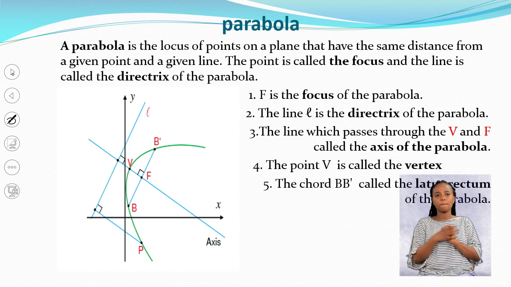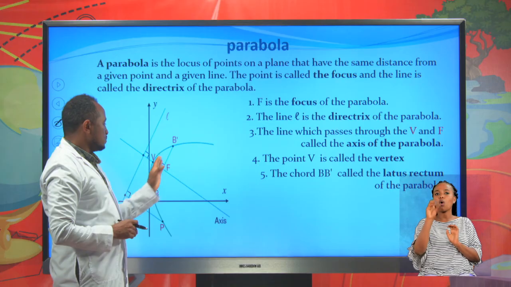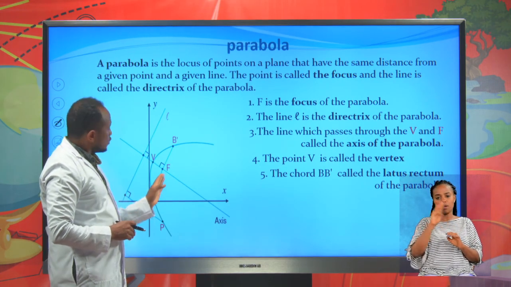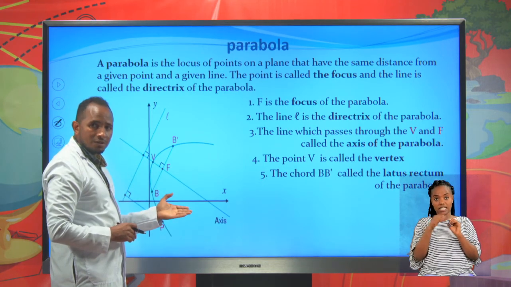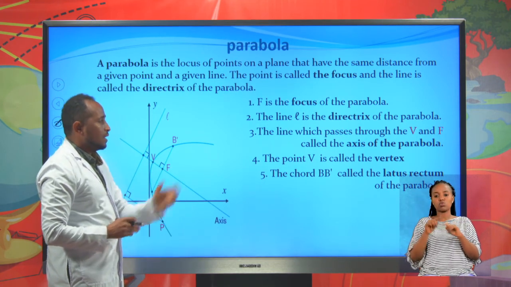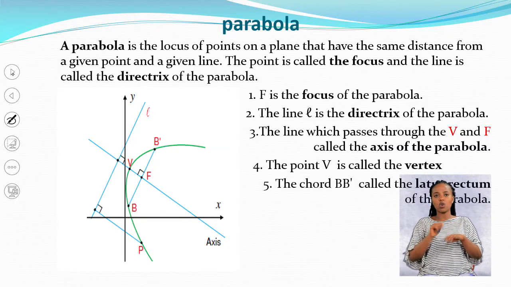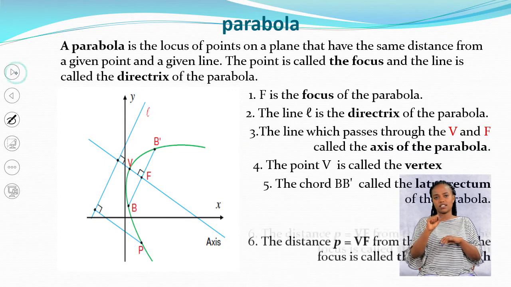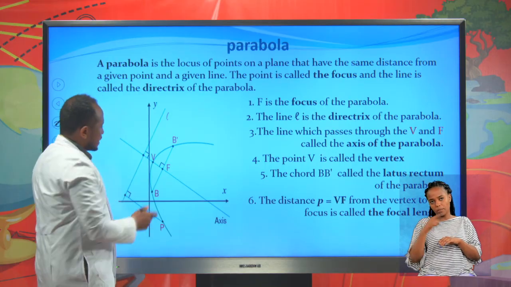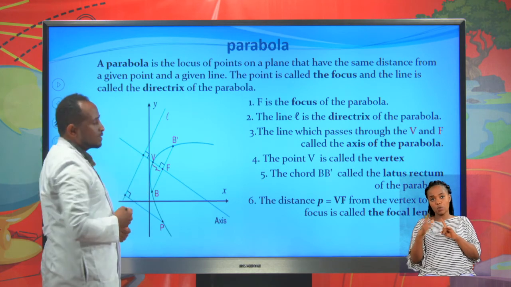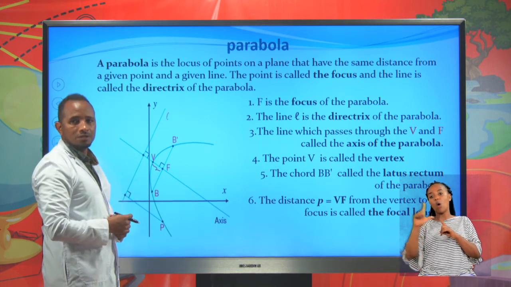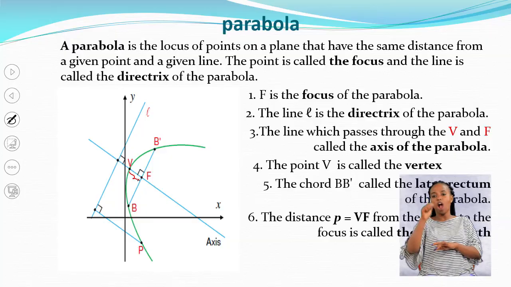The chord which passes through the focus and is perpendicular to the axis we call the latus rectum of the parabola. And the distance from vertex to focus, or vertex to directrix, we call the focal length, and it is denoted by the letter p.